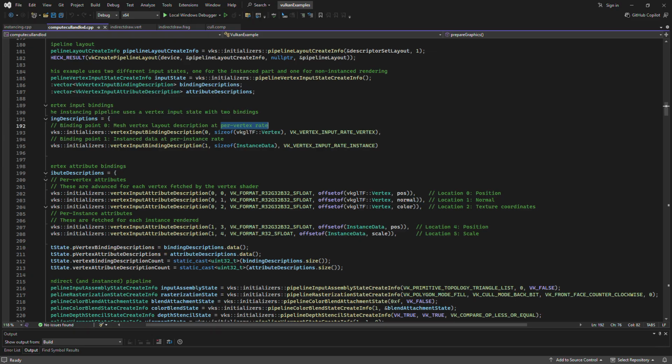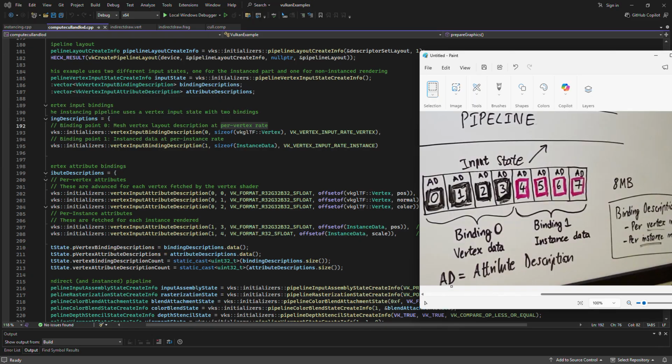We're not going to get into location right now, but I guess the location would be each particular block, 0, 1, and 2. We're still at binding 0, which is consistent with what we expect because this is vertex data, and we're dealing with per vertex attributes.